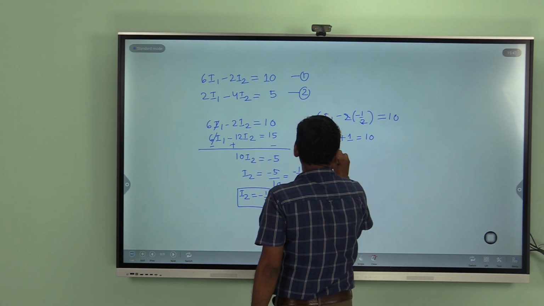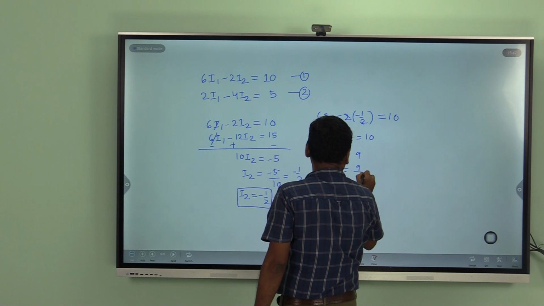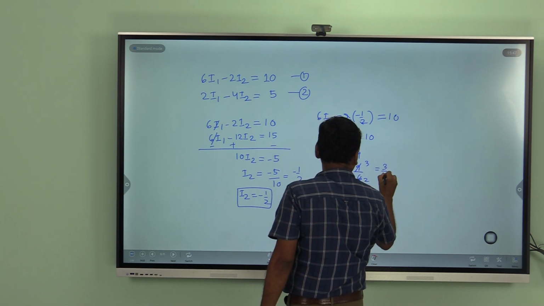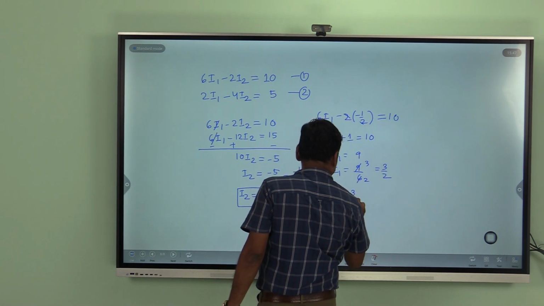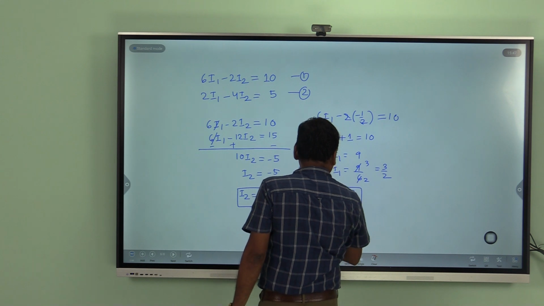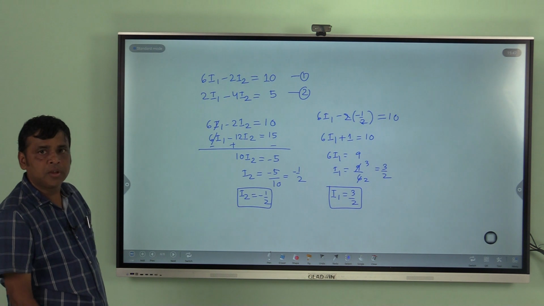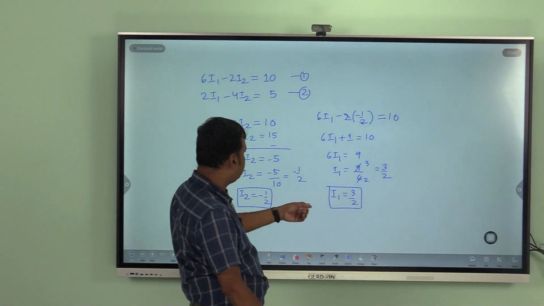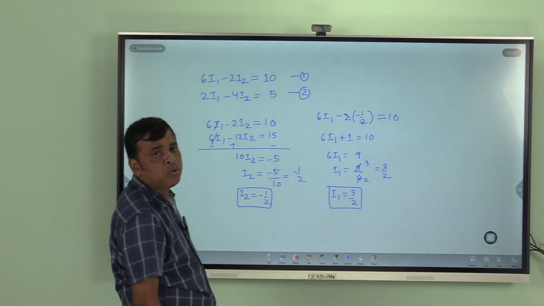So, 6 I1 equal to 9. So, I1 equal to 9 by 6, that is 3 by 2. The value of I1 is 3 by 2. So, in these two loops you get the two equations. Solving them, we got the values I1 equal to 3 by 2, I2 equal to minus 1 by 2.